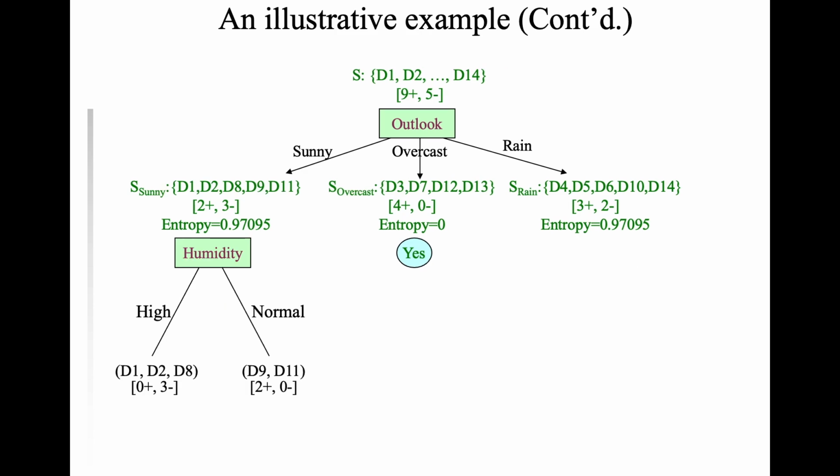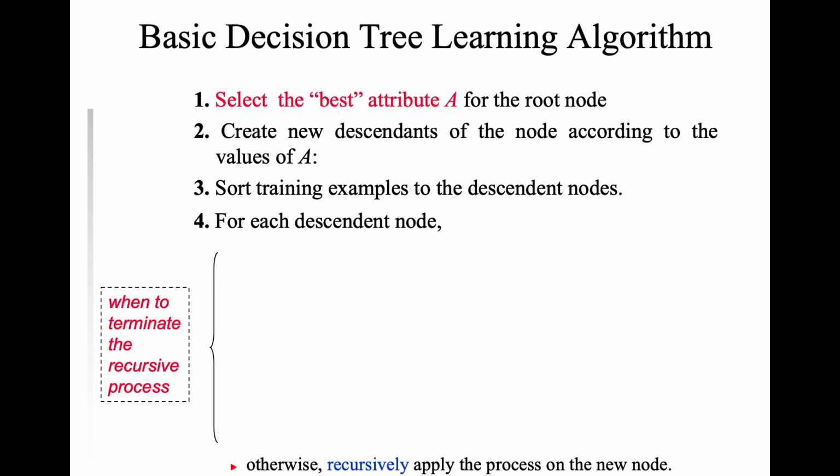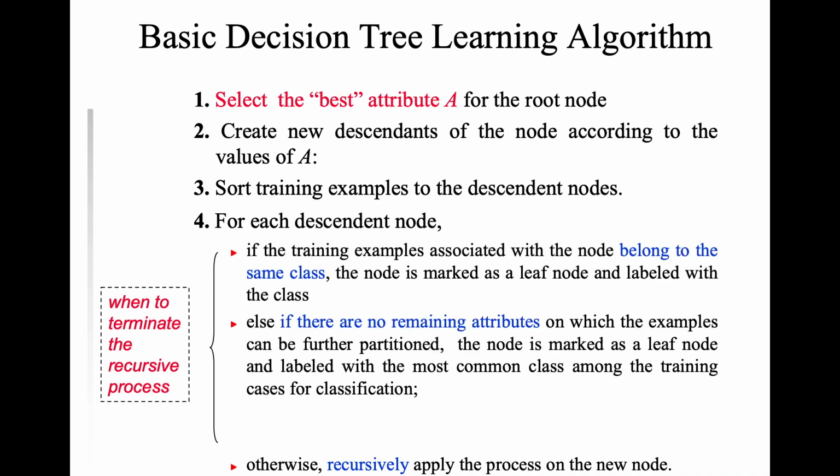Now next, this is just the remaining of the calculations until we reach the leaves. As I mentioned before, there are several situations that tell us when we have to stop, when we reach a terminal node or a leaf.